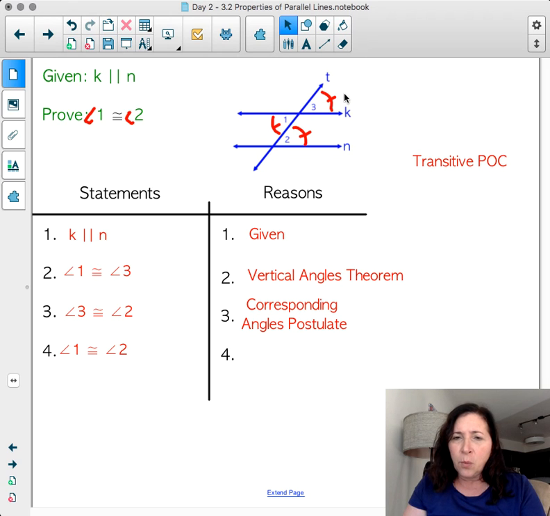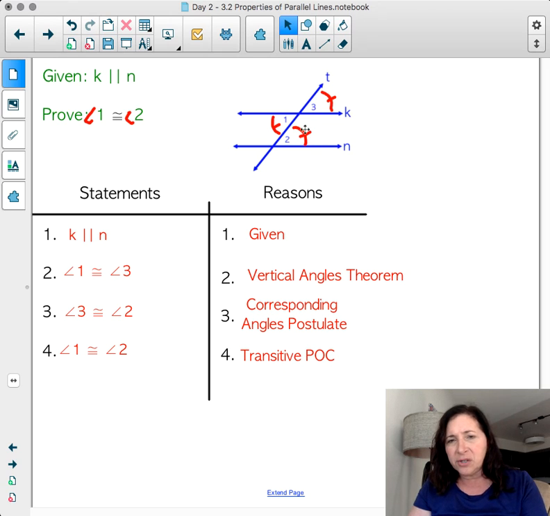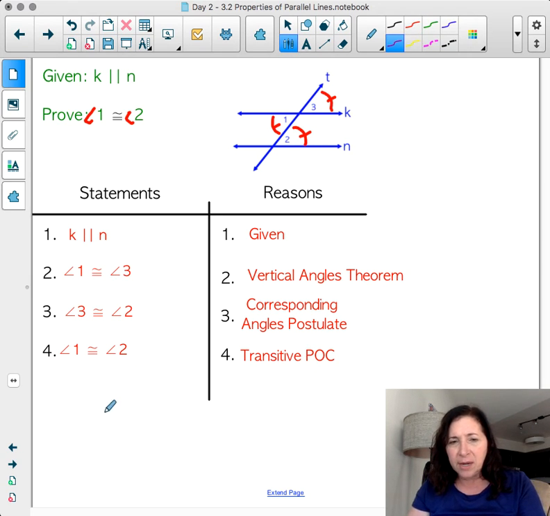And if 3 is equal to 1 and 3 is equal to 2, then by the transitive property, I can say that 1 is congruent to 2. And when you see that 1 is congruent to 2, this has proved the theorem that alternate interior angles are congruent.